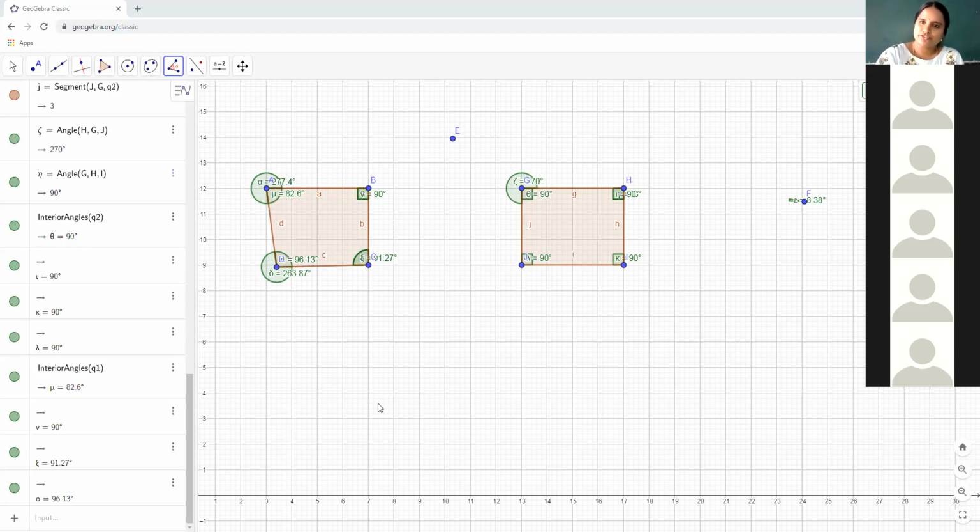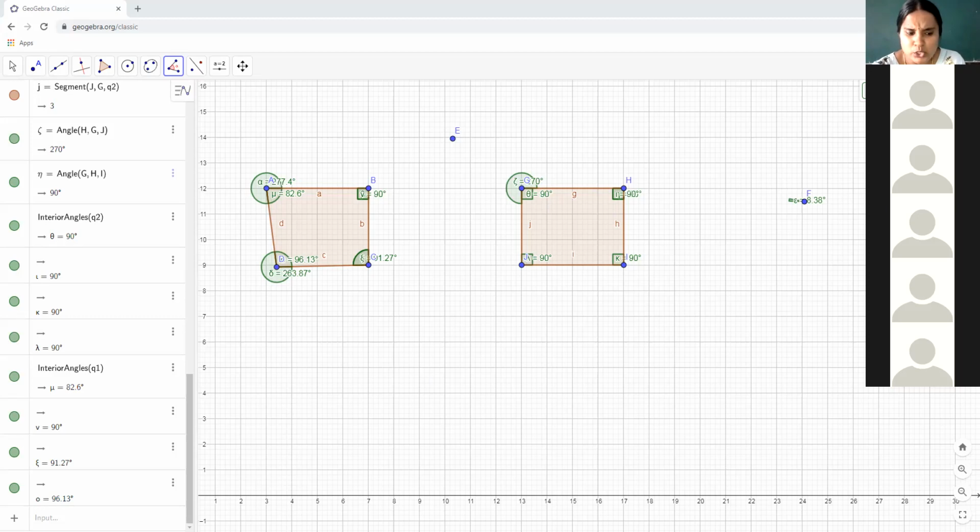In spite of the decimal places, when you are rounding off there might be small changes in the radians. Otherwise, you will get exactly 360 degrees. That is the reason I wanted to show you another quadrilateral where you exactly get 360 degrees without any decimal places. So this is the geometrical proof for the angle sum property of quadrilaterals.